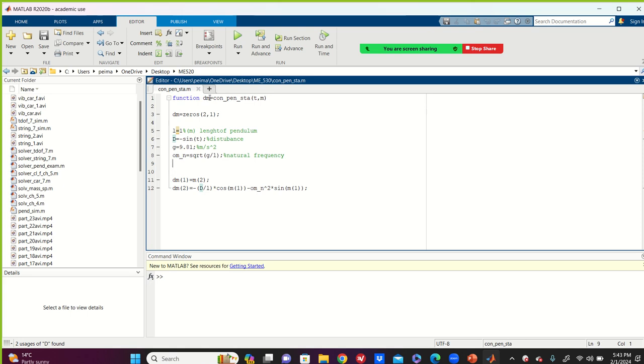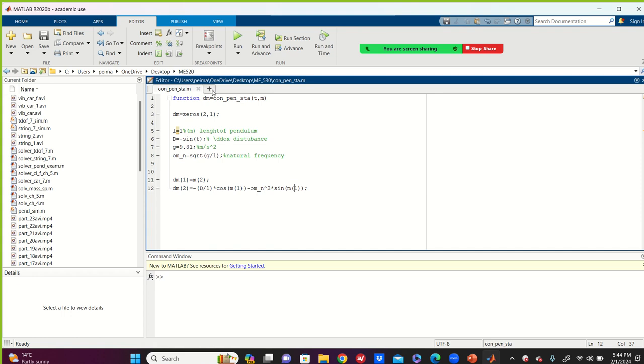This was for reference, x double dot disturbance, and this is g, gravity. And this is exactly the right hand side of the equation, omega n squared sine m1.